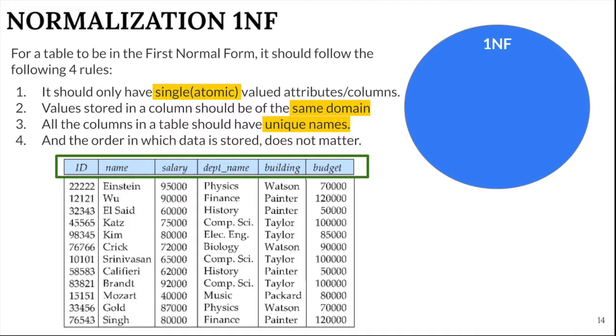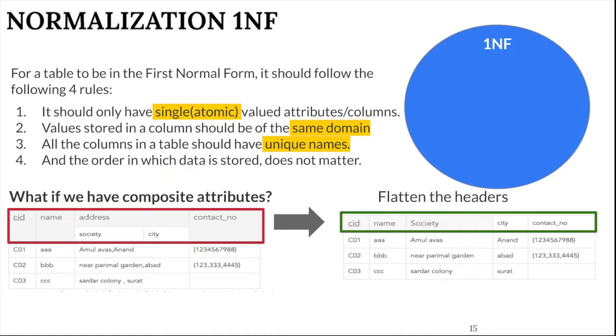So, the table is actually in first normal form. However, there are some tables na hindi naman naka-first normal form. And what we need to do is to convert it to a first normal form. So, the first condition dito ay hindi na satisfy, so hindi singular atomic.